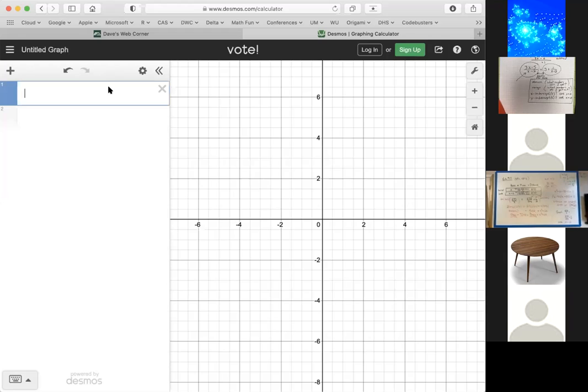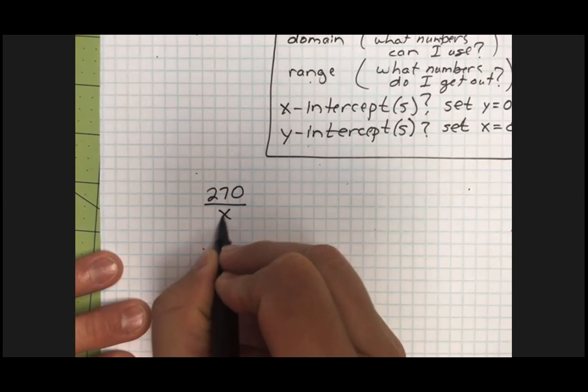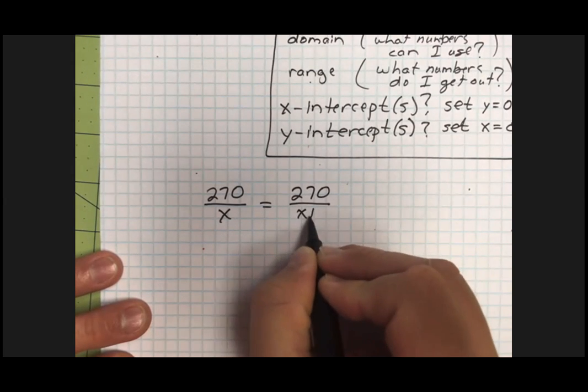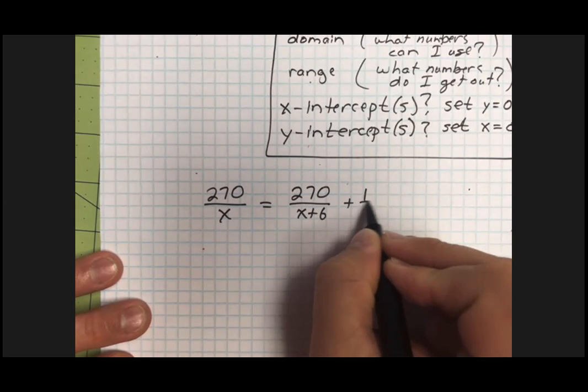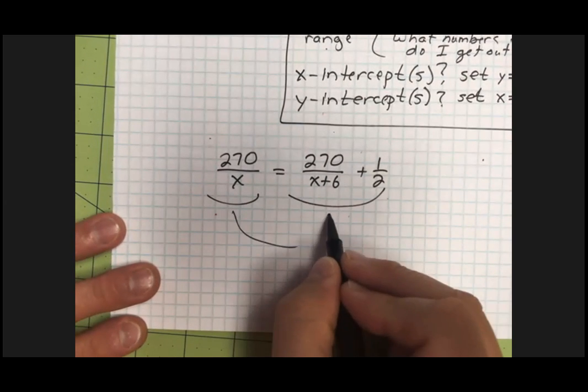What was the bus driver problem? Back to my paper for a second. I was doing 270 over x equals 270 over x plus 6 plus 1/2. But now I got a new idea.